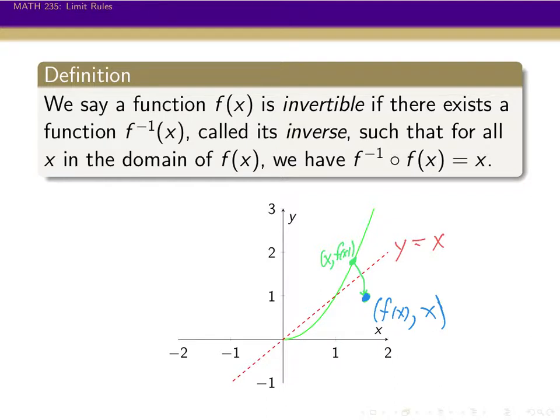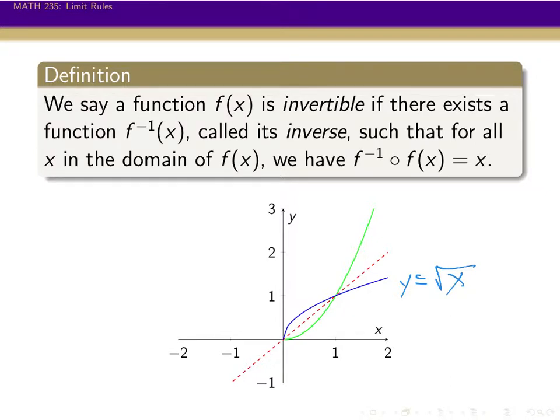And so we're going to do that with all these values. And we get this new function. And this function just happens to be, how do you undo squaring? Well, you take the square root of that function.